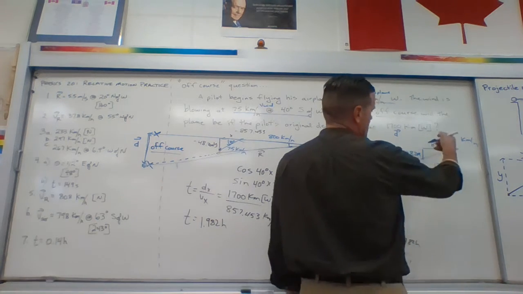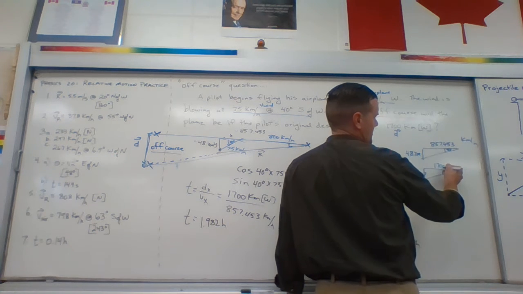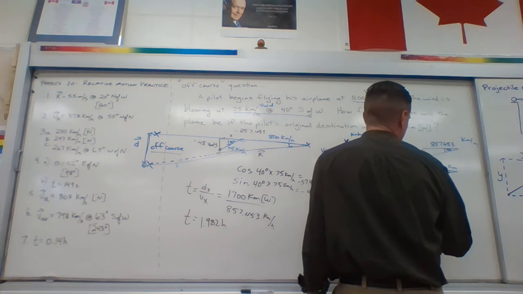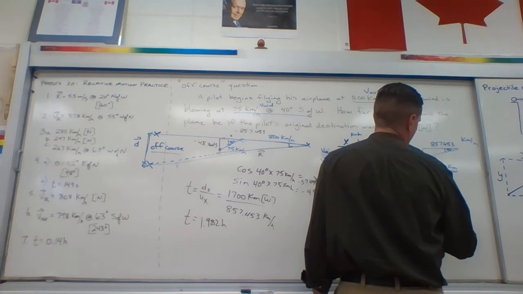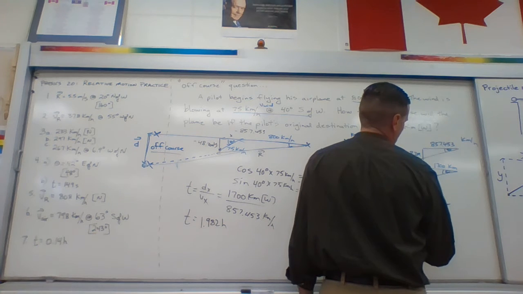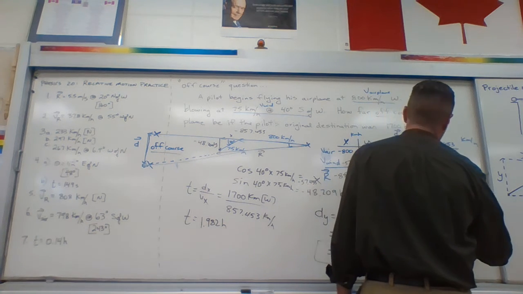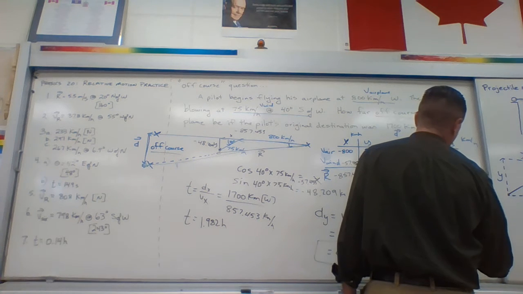Or if you wanted, you could just see the ratios. This is proportional to this, so then this has to be proportional to that. So look, 857.453 kilometers per hour is proportional to 1,700 kilometers. That has to be the same as this 48.209 kilometers per hour over some distance.